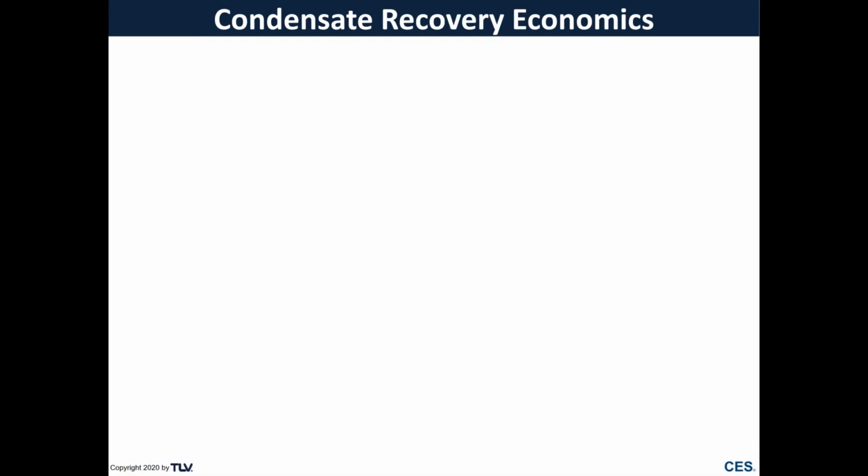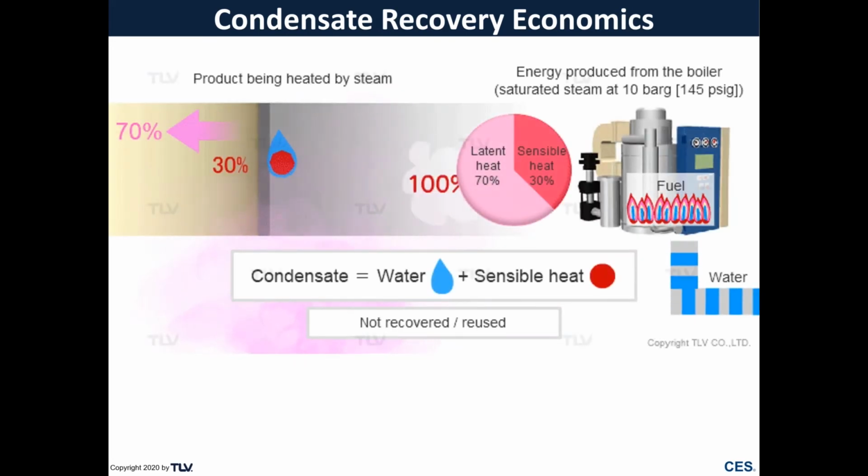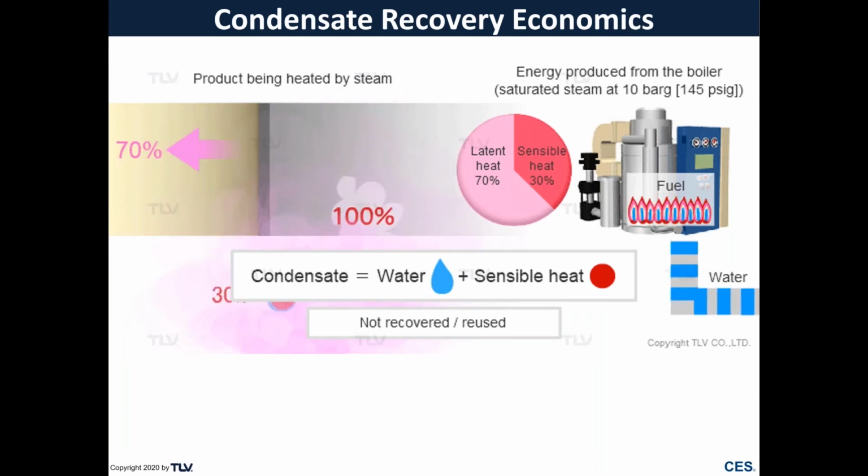So looking at the condensate recovery economics, there's a lot there in our favor. Here we have a boiler where we're producing steam. We're sending that steam throughout our plant, and we're using the latent heat of that steam to heat our product.